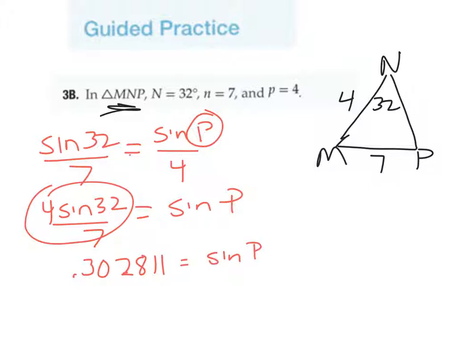And when we're trying to find an angle, this just gets moved over. So it's sine -1 of the 0.302811 equals our angle measure.